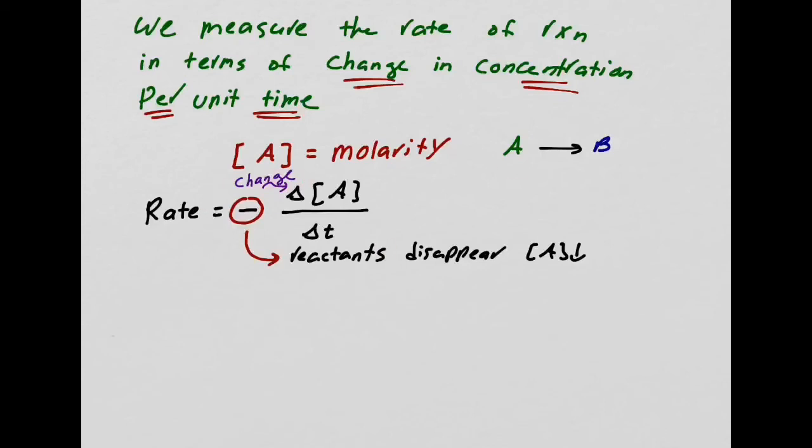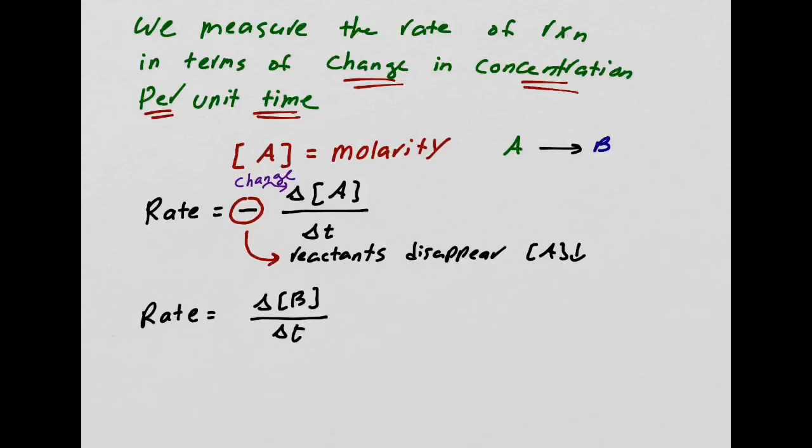Now we can also write rate in terms of the product forming, right? And in that case, it would be the change of concentration of B over delta t. Now, here, how come I didn't put a minus? Because B is forming. B is a product, appearing over time, versus A was a reactant, disappearing over time.